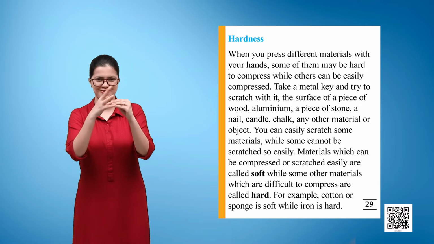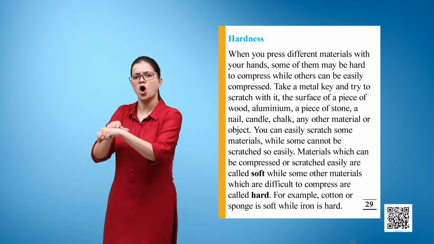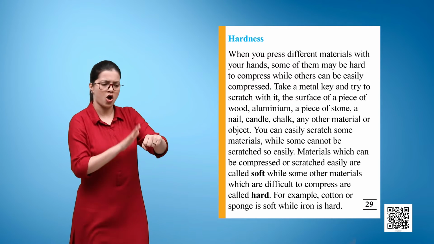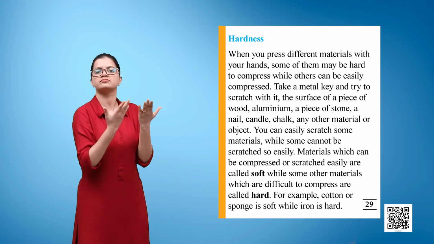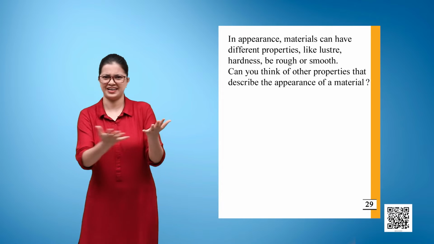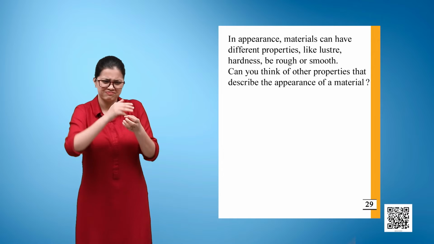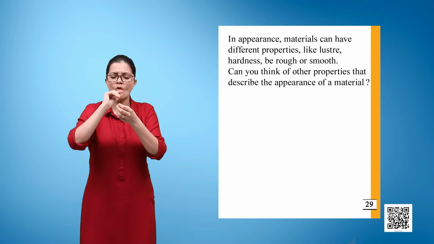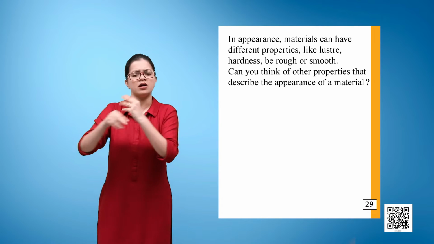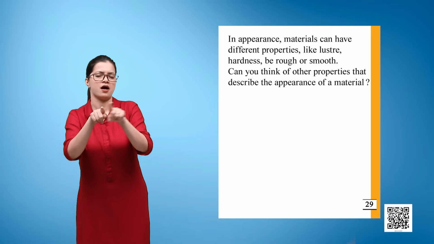For example, cotton or sponge is soft, while iron is hard. In appearance, materials can have different properties like luster, hardness, be rough or smooth. Can you think of other properties that describe the appearance of a material?